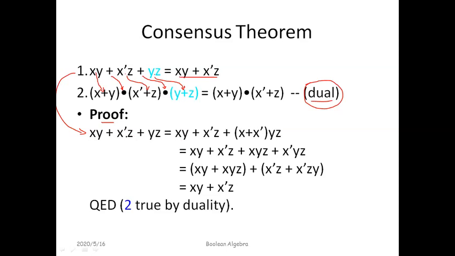So we'll transfer everything on the left to the right, then start simplifying until it takes us to where we want to go. So here we have xy plus x prime z plus yz. Here we've included x plus x prime, which was not there. We didn't have x plus x prime, but we've introduced it.